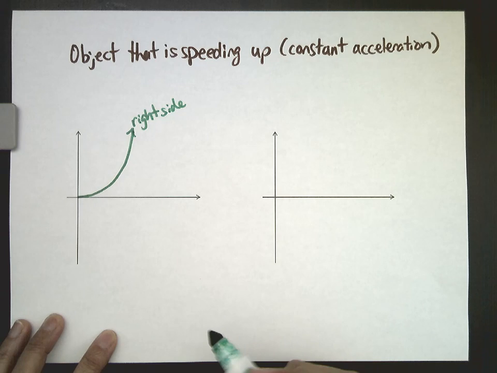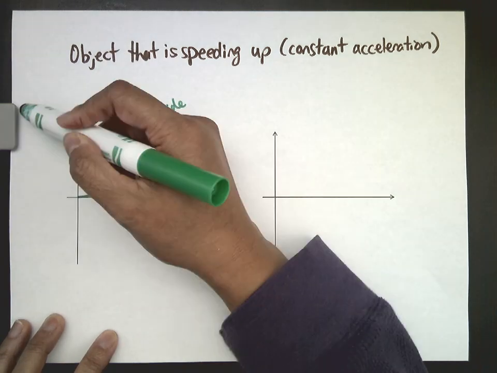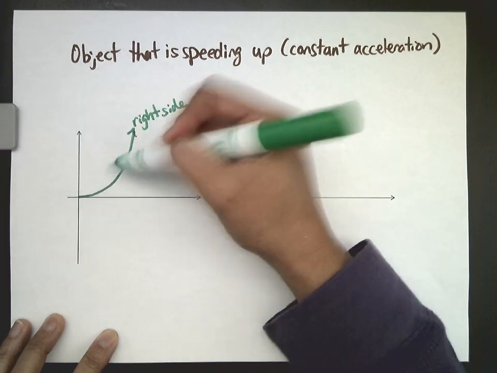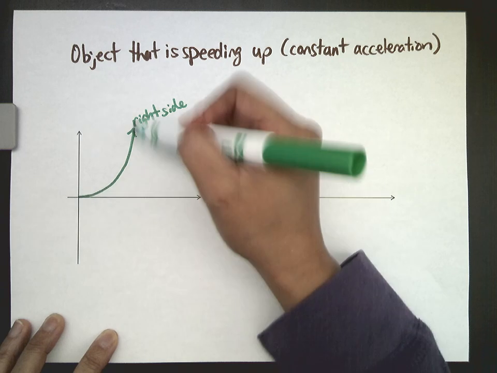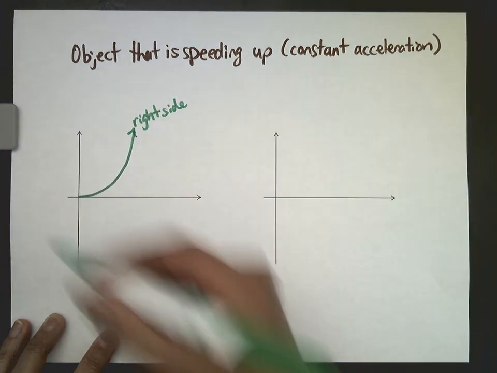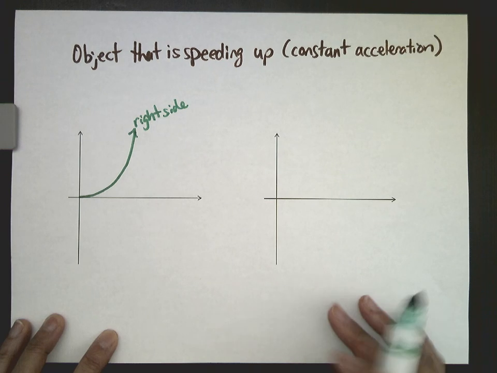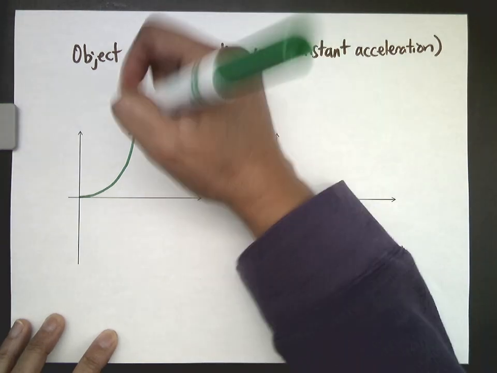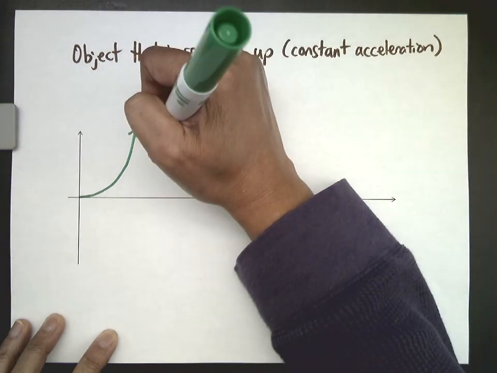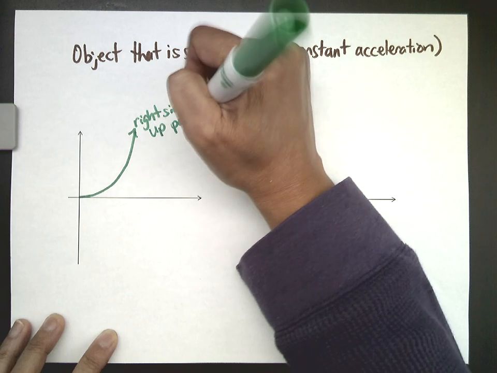Now parabolas, you know, in math are kind of like a big U. So basically this is the right side of a U. This is an up parabola, and the other one that I'm going to draw in the future will be a down parabola. So this is a right side of an up parabola.